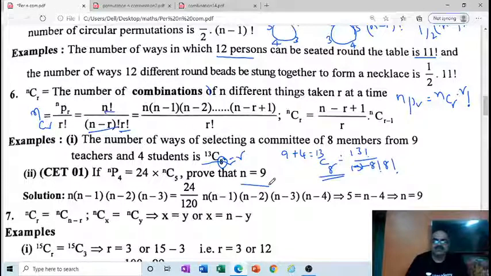Let me see how you do it. Now, what is on the left hand side? Permutation formula: n factorial by n minus 4 factorial. What is there on the right hand side? 24 into the combination formula: n factorial by n minus 5 factorial into 5 factorial.